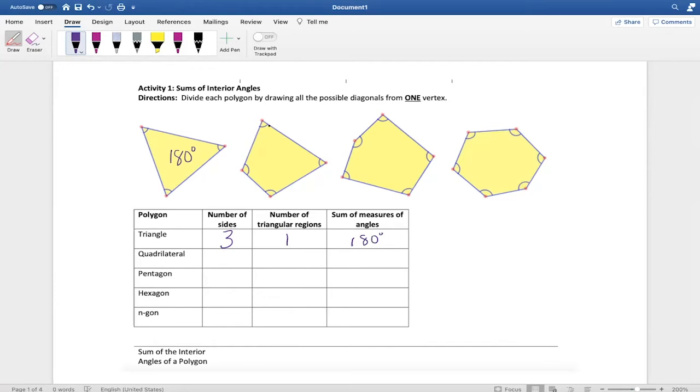Okay, this next one. I'm going to divide each polygon, and notice, by drawing all possible diagonals only from one vertex. So that's kind of important there. I'm going to pick just one vertex. So let's say I start there.